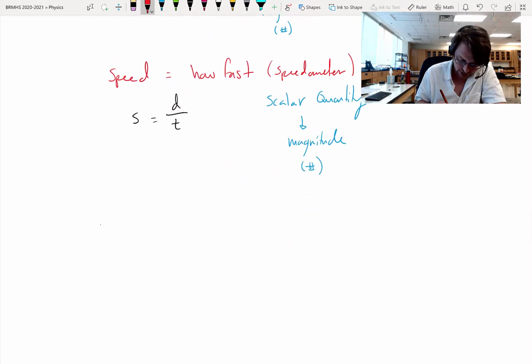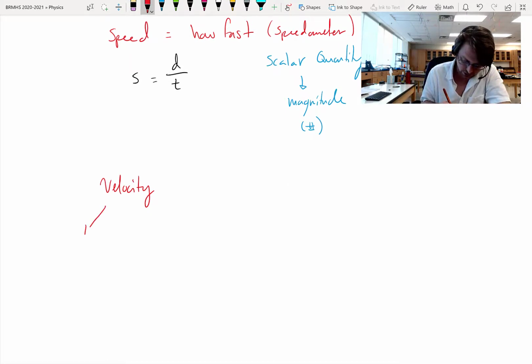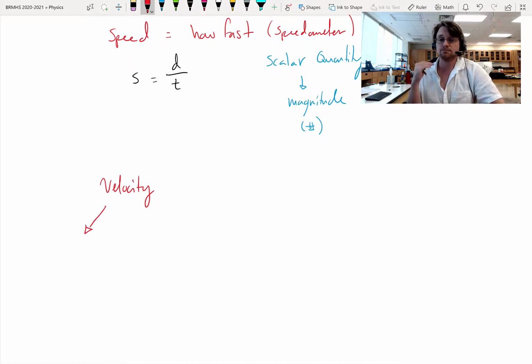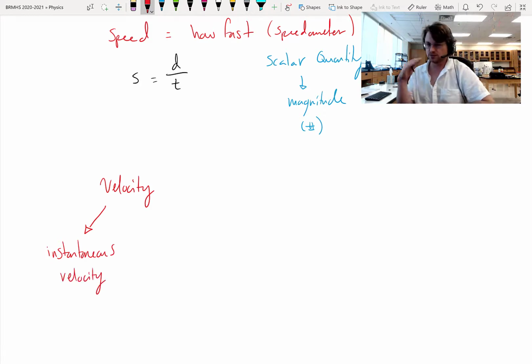Next up is velocity. As far as velocity goes, velocity could tell you the velocity at an instant, a moment in time. If you were to freeze a video of a car that's flying by, you freeze it at an instant in time, you could say the speed and the direction together will be your velocity at that instant. So we have one version of velocity that is instantaneous velocity, which we actually mathematically define with calculus.